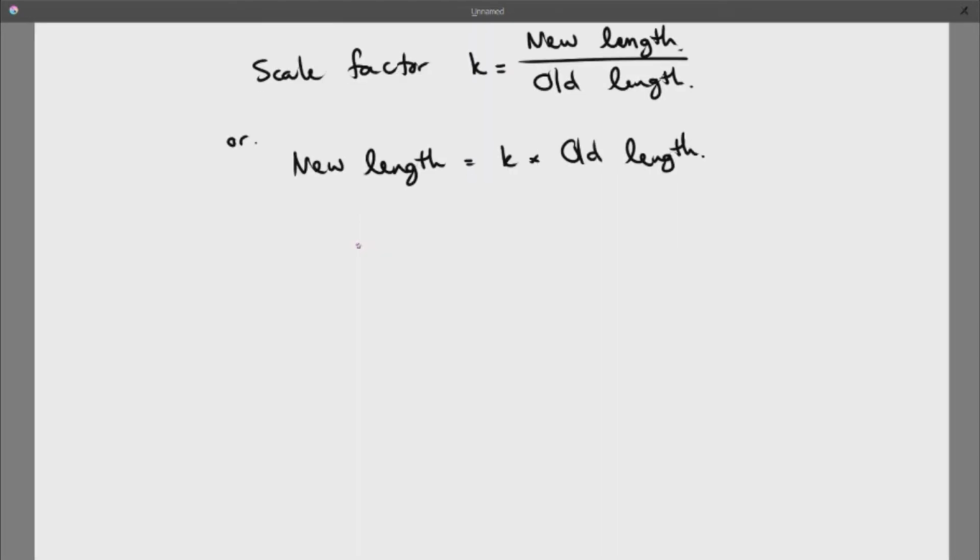Now we're going to ask the same question, really, but seeing what happens when we talk about area changing. Area changing. And that puts us on page 91. Scaling area.